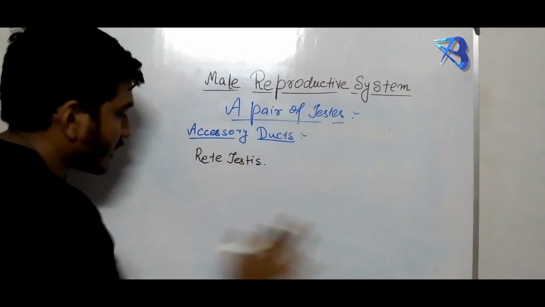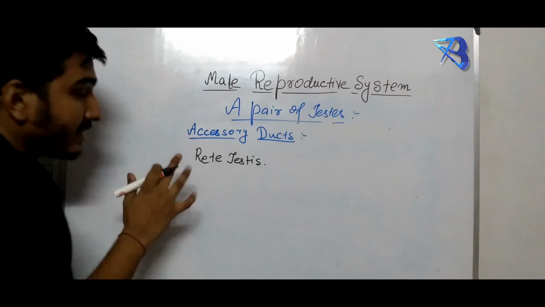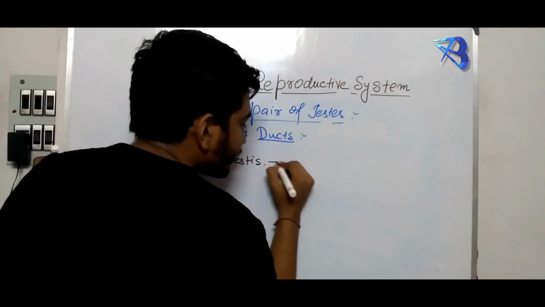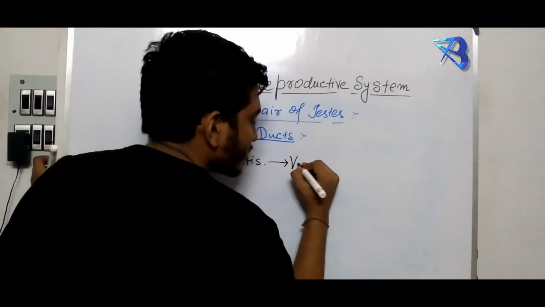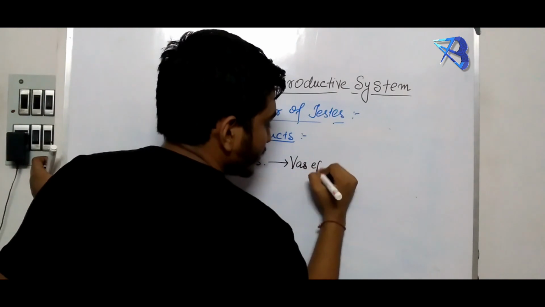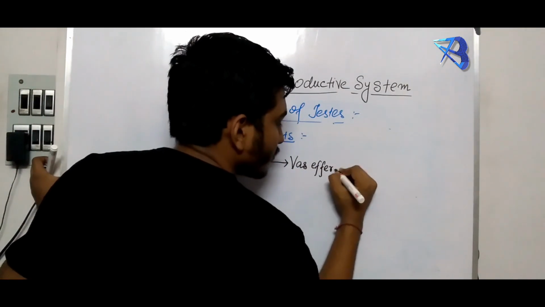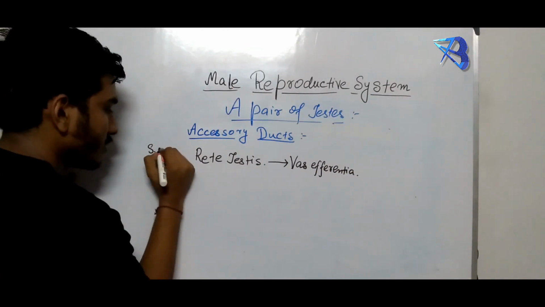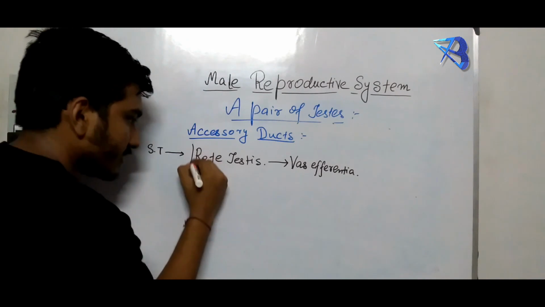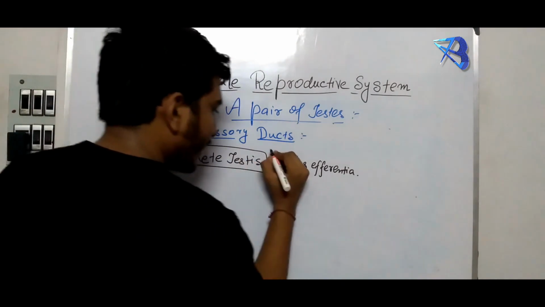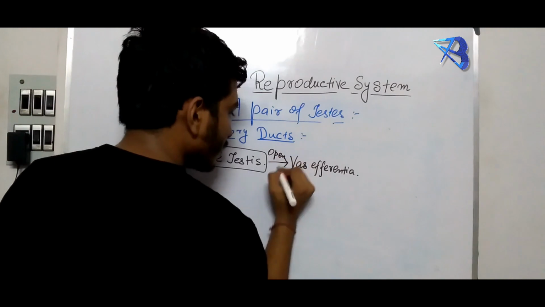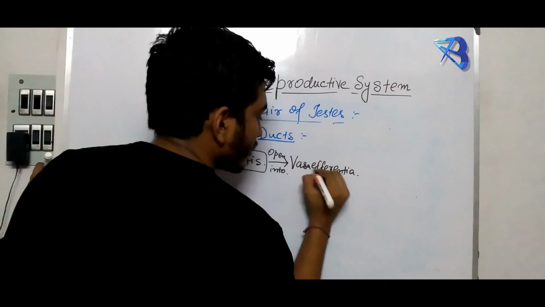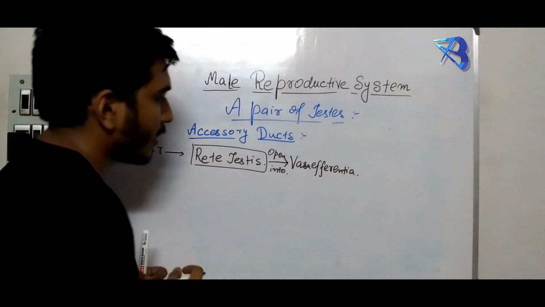Just remember this flow chart I am giving you. The seminiferous tubules through the rete testis open into the vasa efferentia. It will be vasa efferentia.